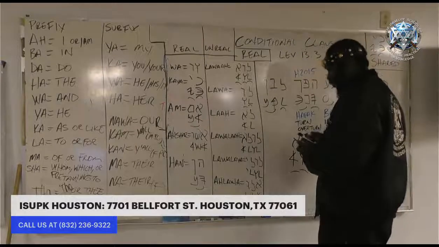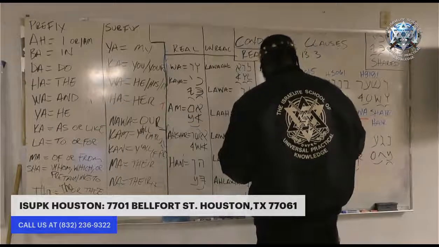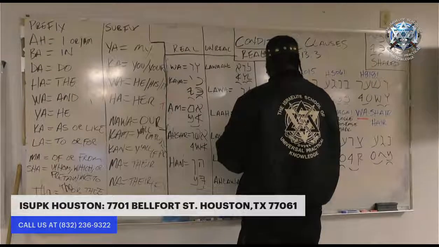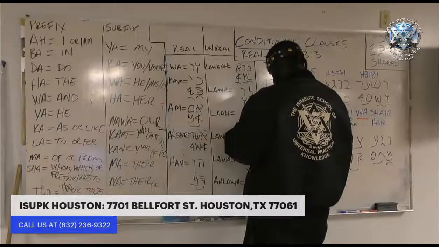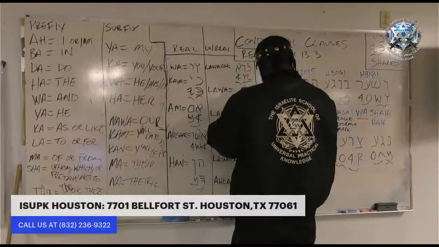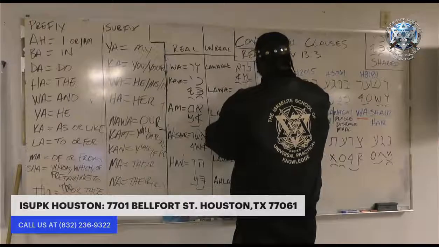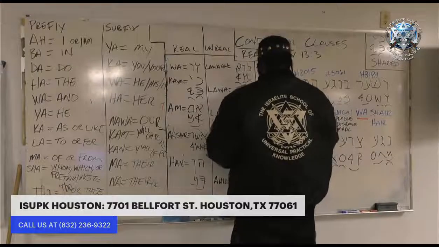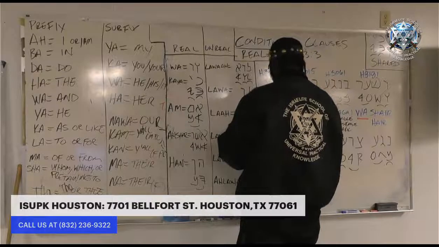All right. The next word that we have here is Laban. All right. Strong's Concordance number for Laban is H3836. And what does Laban mean? It means white.